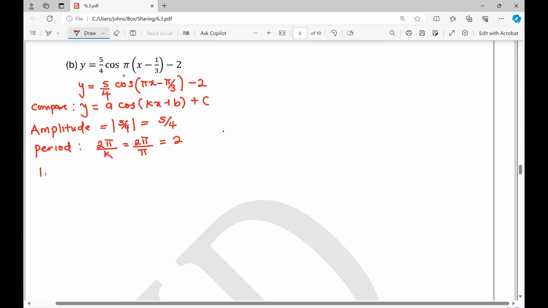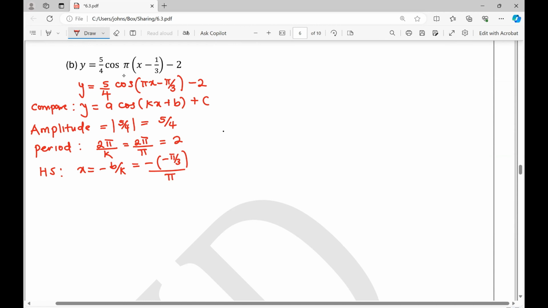We can find the horizontal shift from the formula, which is minus b over k. And what is b here? You can see that b is negative, right? If you compare this and this, b is going to be minus pi over 3. But again, you divide by k, and k is pi.